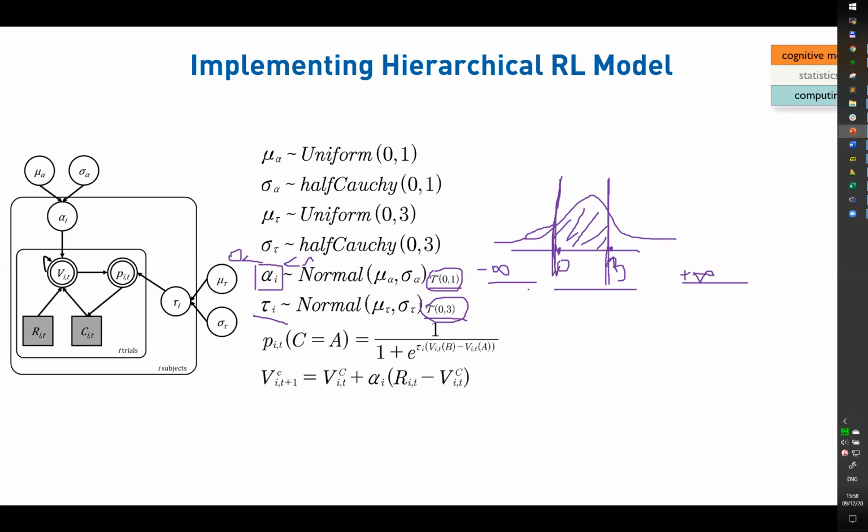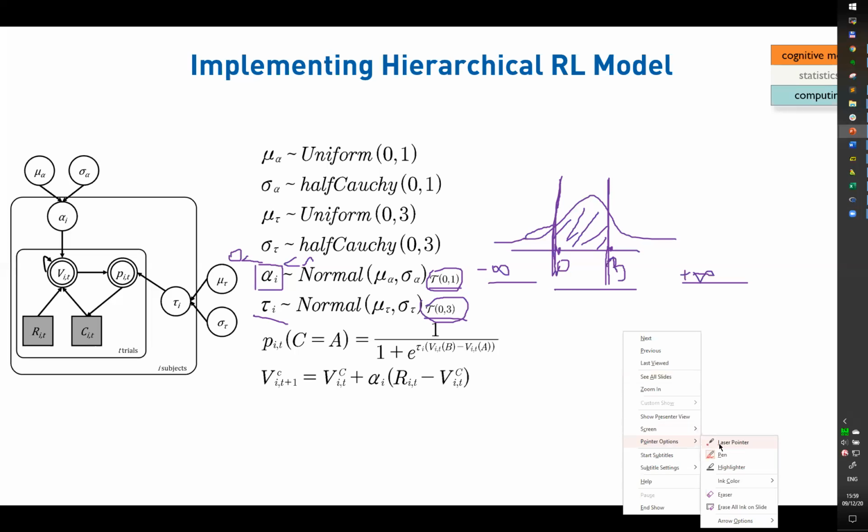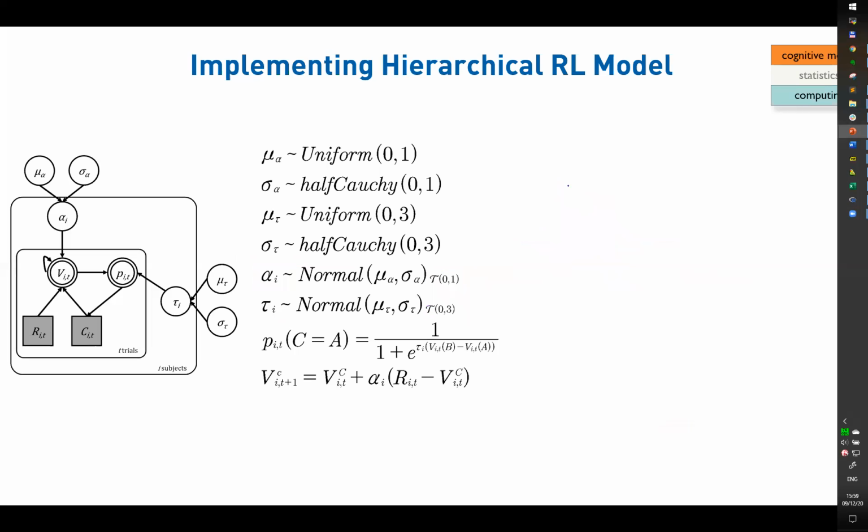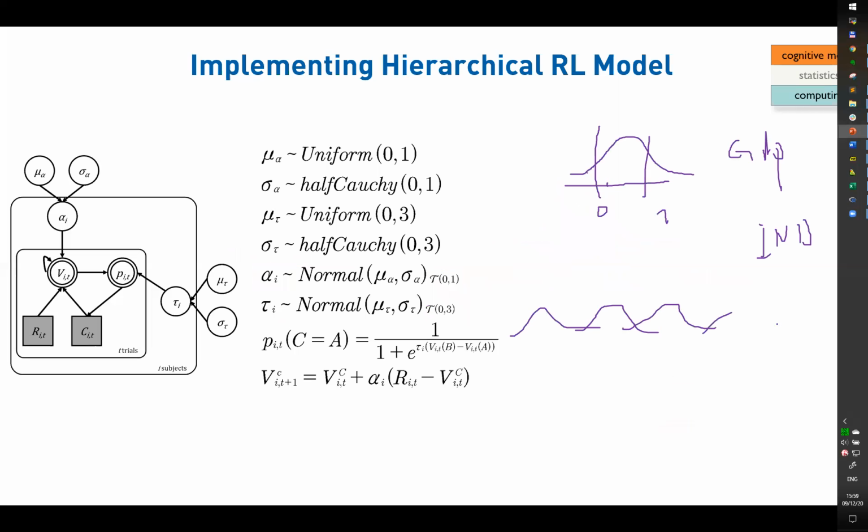Good. So graphically, if you are interested to hear more about that, let's say we have the normal distribution, 0, 1 group, and we have the individual-level normal distributions.